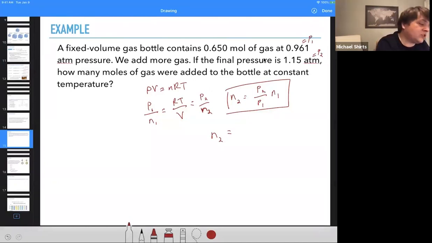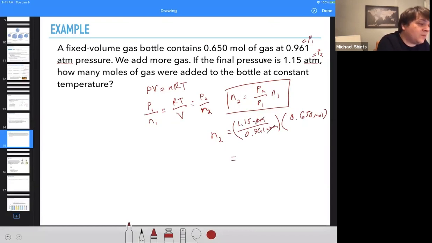So that's N2. P2 is 1.15 atmospheres, and P1 is 0.961 atmospheres, and then N1 is 0.650 moles, and so the atmospheres cancel.